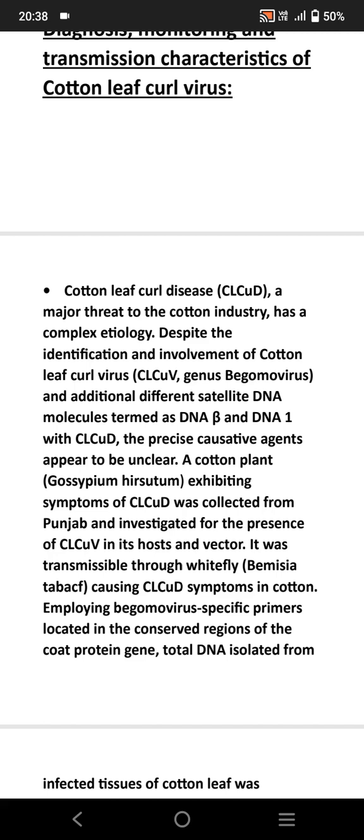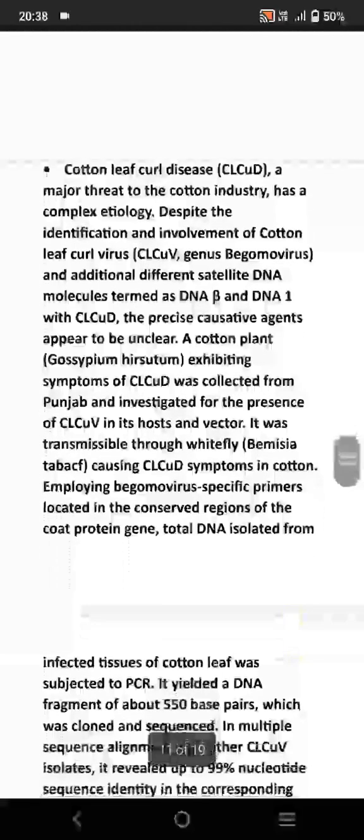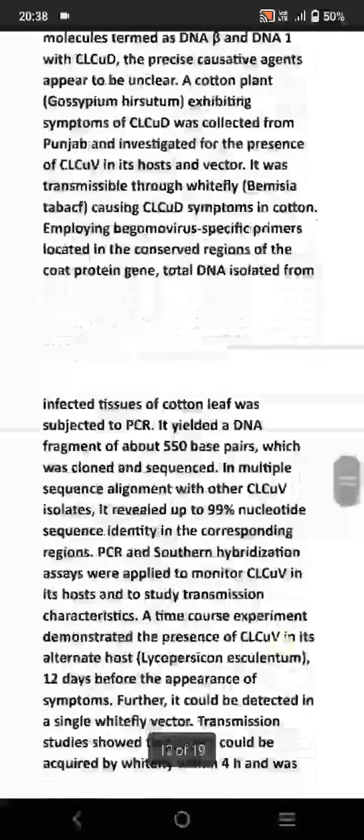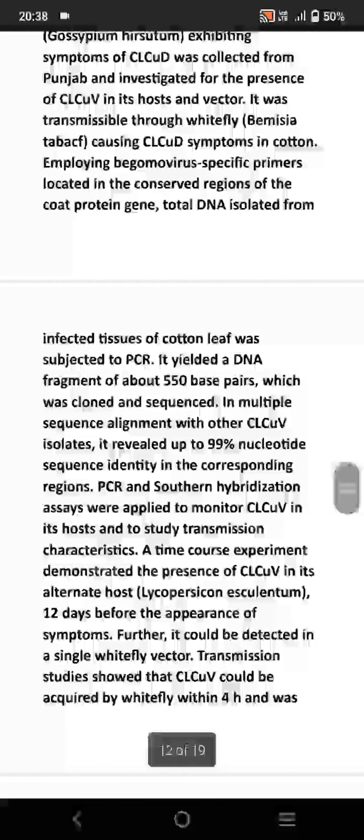Symptoms in cotton were examined using virus-specific primers located in the conserved regions of the coat protein gene. The total DNA isolated from infected tissues of cotton leaf was subjected to PCR.